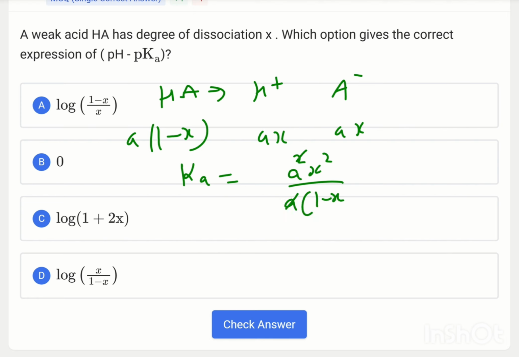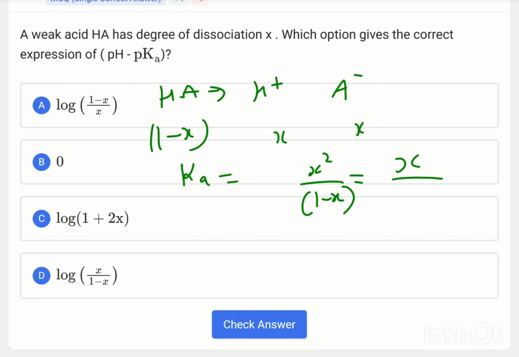Ignoring this A, let us not take A, it will be a problem for us. Let us take the initial concentration as 1.